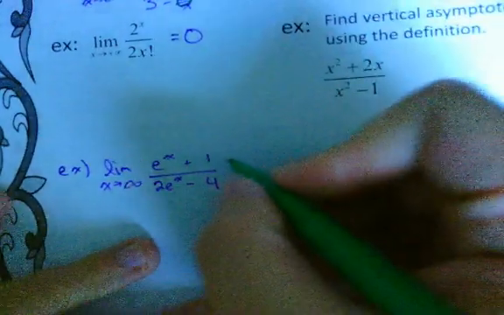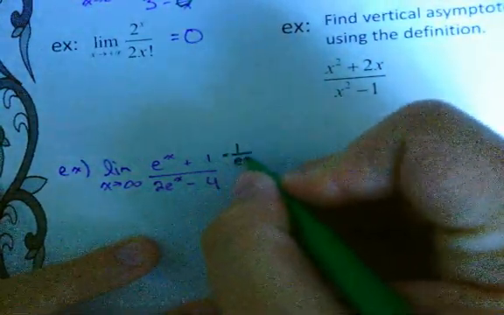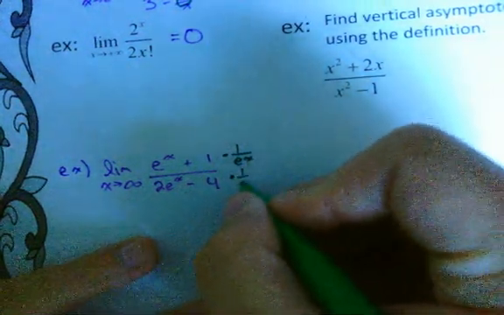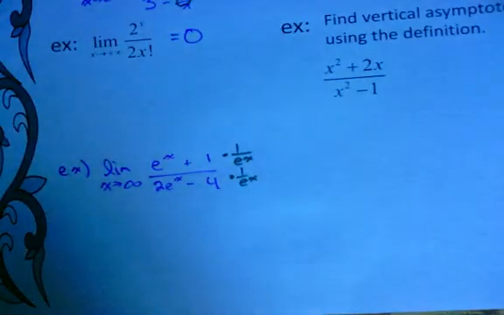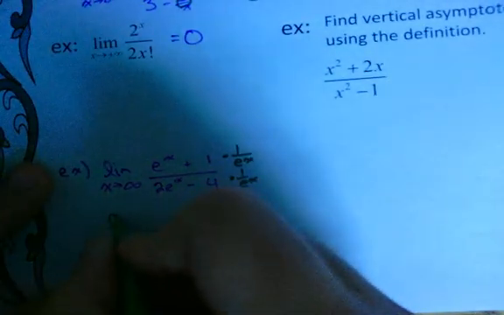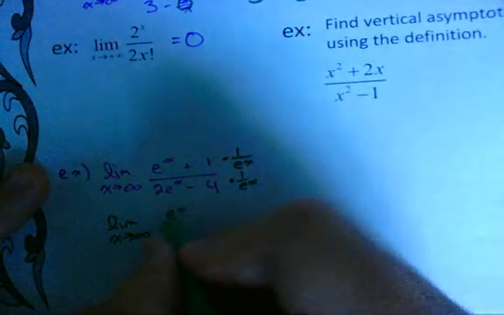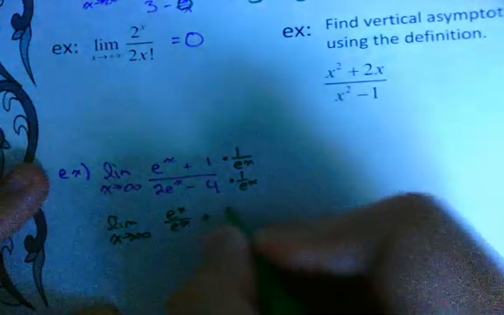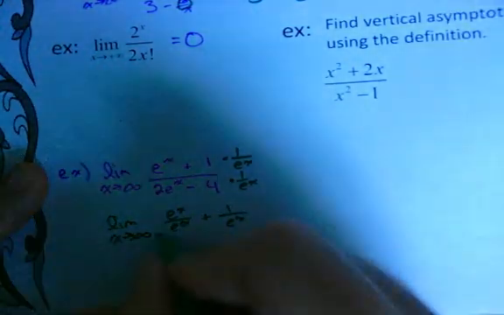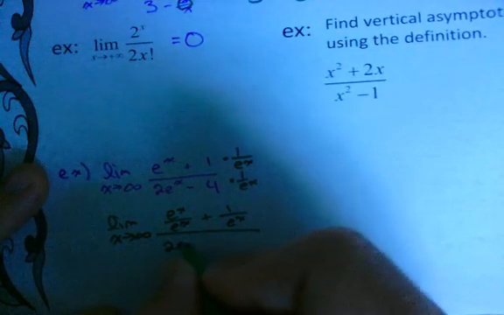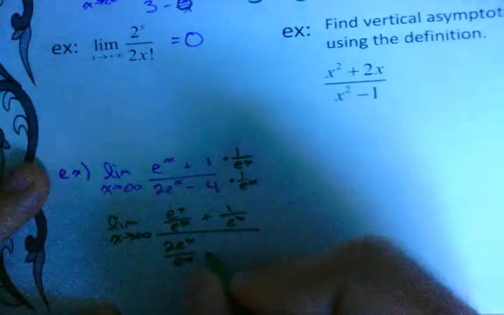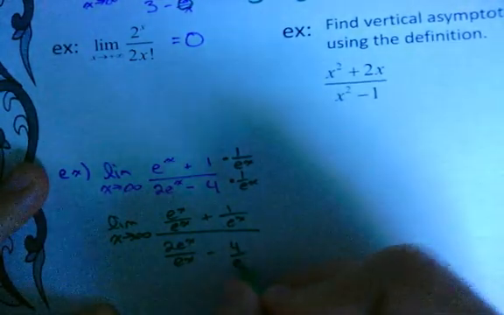So I want to multiply by 1 over that rate. Okay, so that's going to give me e to the x over e to the x plus 1 over e to the x, all over 2e to the x over e to the x minus 4 over e to the x.